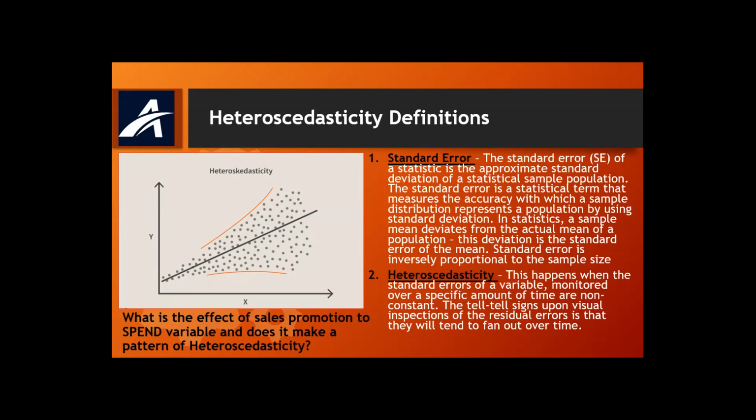That assumption is not complied with, and you probably want to use other regression models, or fix this through the available techniques.